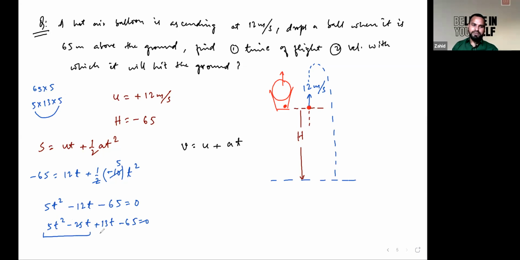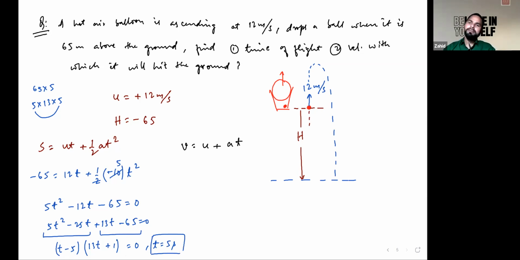Take out 5t as common, 13 as common. So you will get t minus 5 and 5t plus 13. On solving, you will get t equals just 5 seconds.